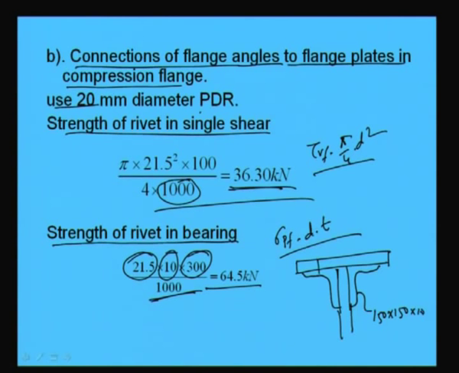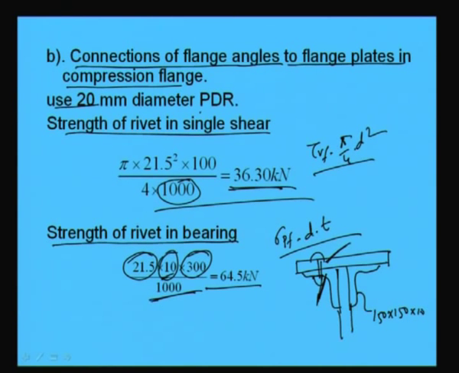When we find the strength of rivet in bearing, we take 10 mm, because the thickness of the angle is less than the thickness of the flange. That is why the lesser value has been taken.